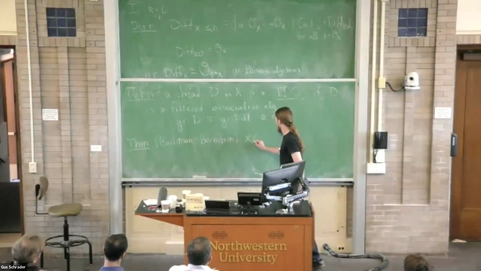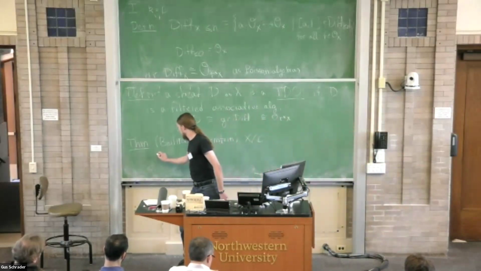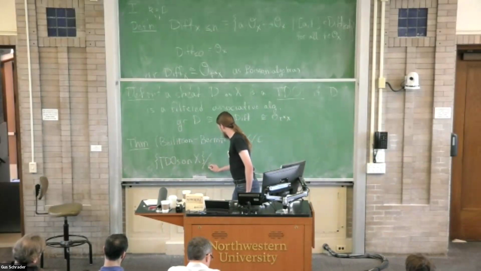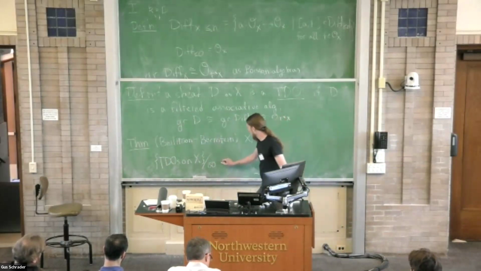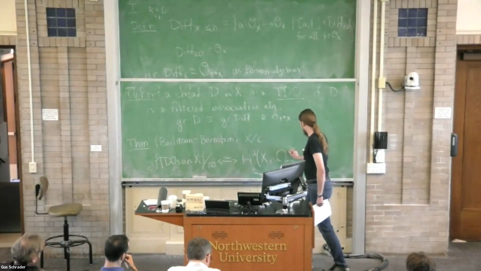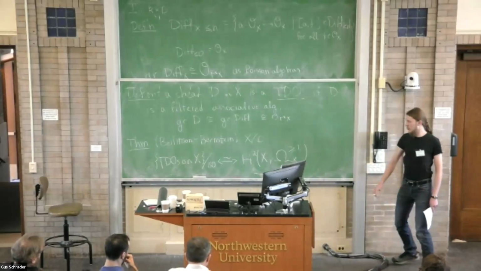So here I really emphasize that X is over C, and they showed TDOs on X up to isomorphism, where the isomorphism has to preserve the filtration, etc., are in bijection with not just a set, but actually a vector space. And that vector space is the cohomology of a certain complex.